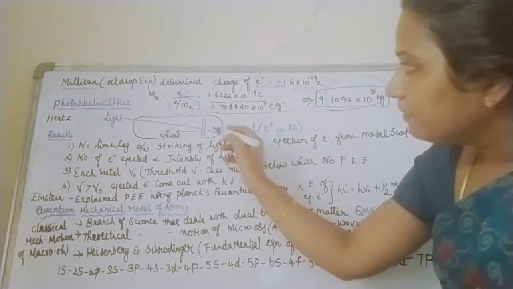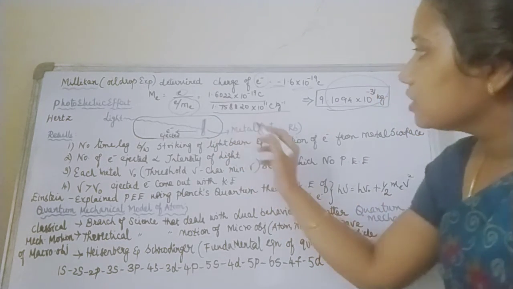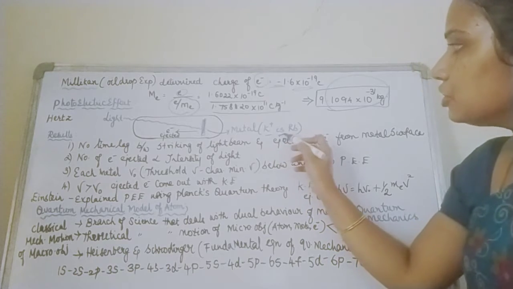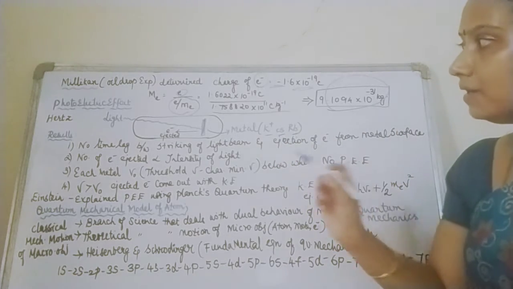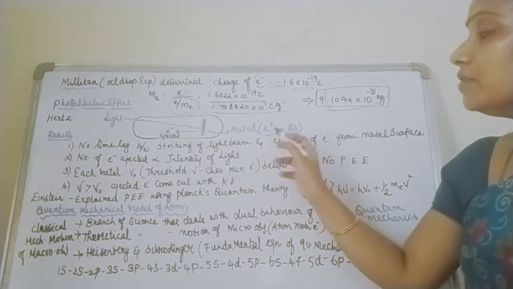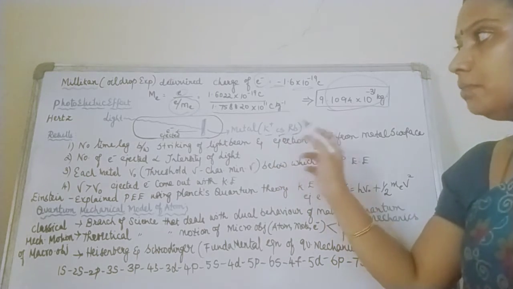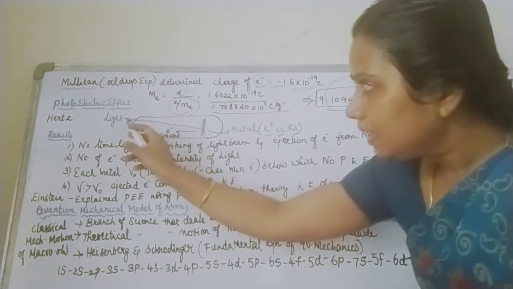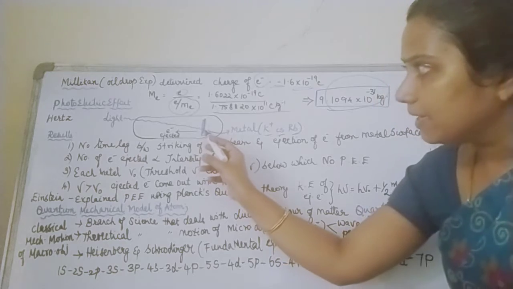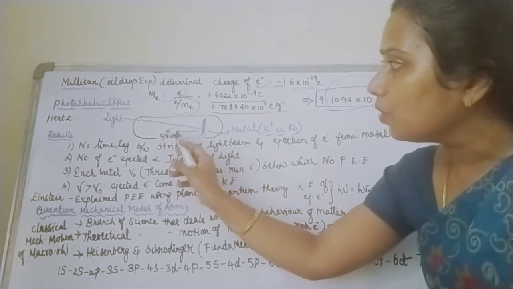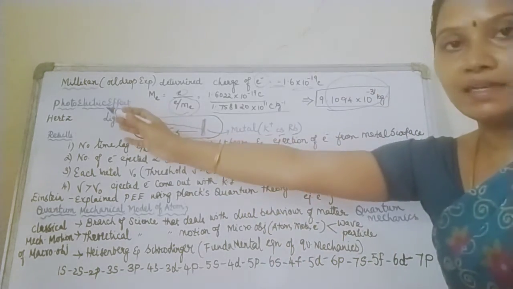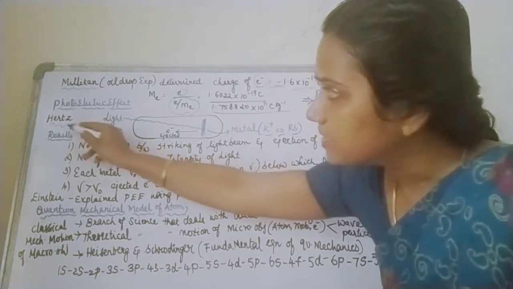Children, I have a metal. What is this metal? This metal can be potassium, cesium or rubidium. I have a metal surface which can be potassium, cesium or rubidium. When a beam of light strikes the metal surface, electrons are ejected. This is the photoelectric effect. This was discovered by the scientist Hertz.